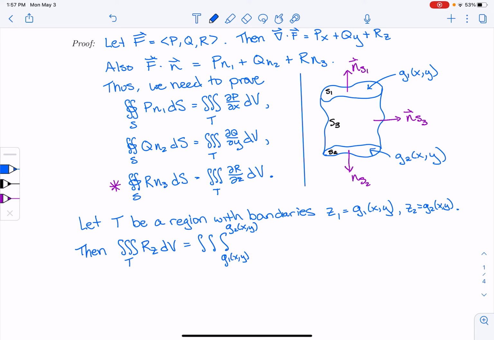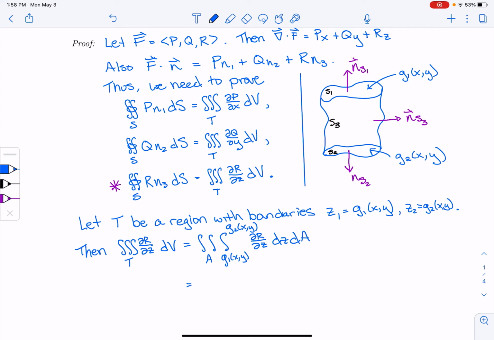Okay, so I'm going to write this as dR/dz. So we're going to integrate dR/dz dz, and then dA, where that represents dx dy. Okay, so we're going to integrate over the region A. And then specifically, I'm going to pull out the z integral. The z integral is going to be from g1 to g2, as you can see from the way I've drawn this region.